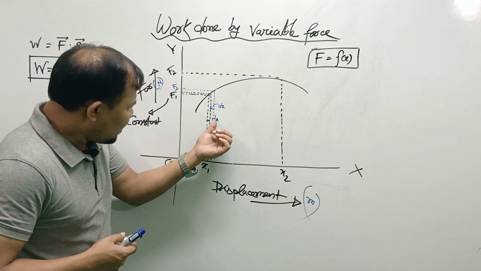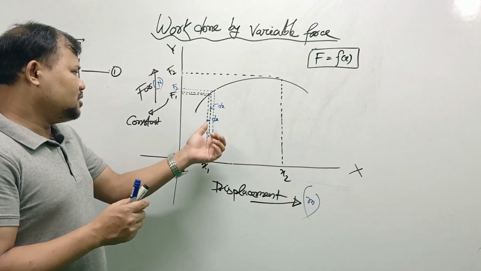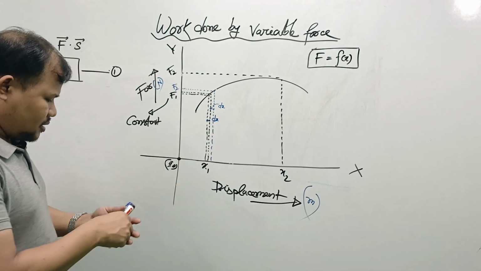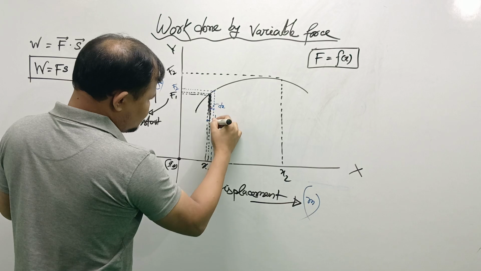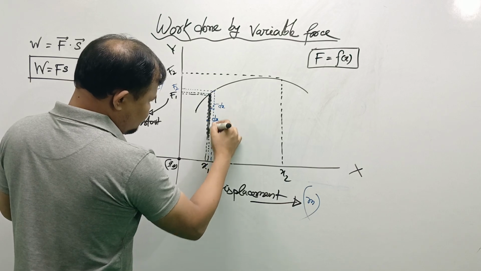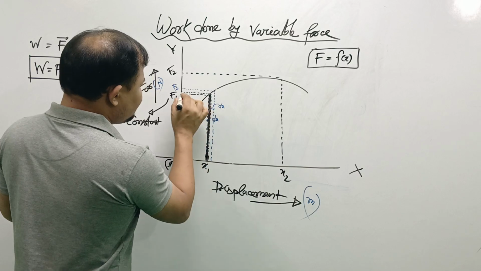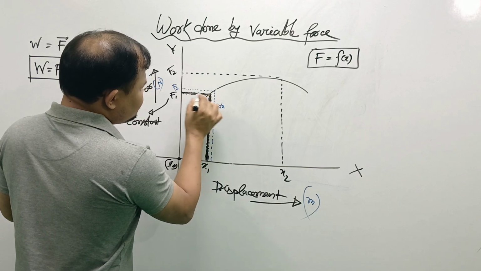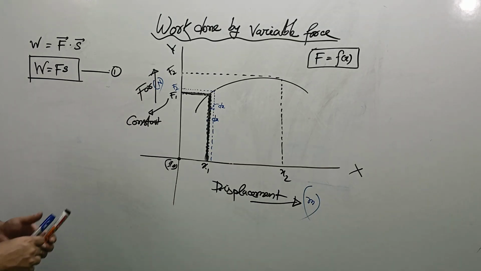Because of the first very small displacement dx, in this section we just marked out, the force looks like F1.